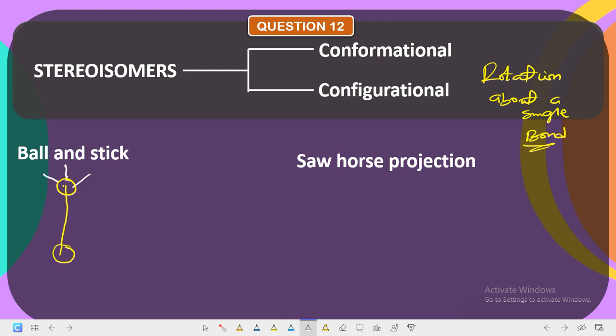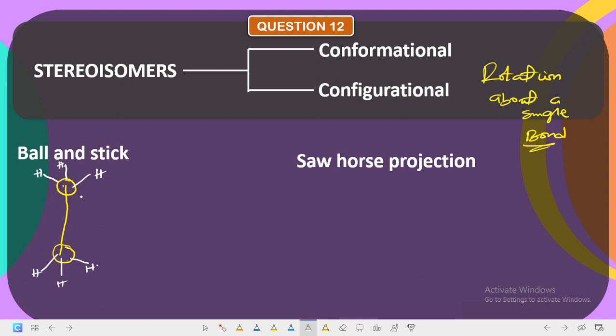Now this is hydrogen, hydrogen, hydrogen, and this is also hydrogen, hydrogen, hydrogen. This model is what is called the ball and stick model.